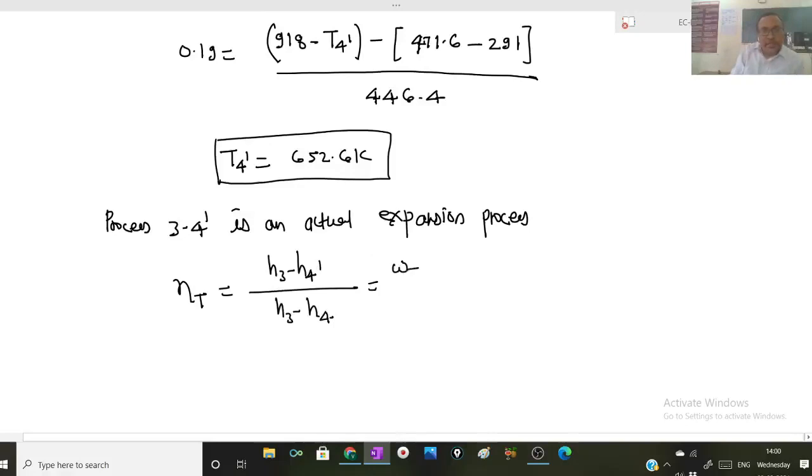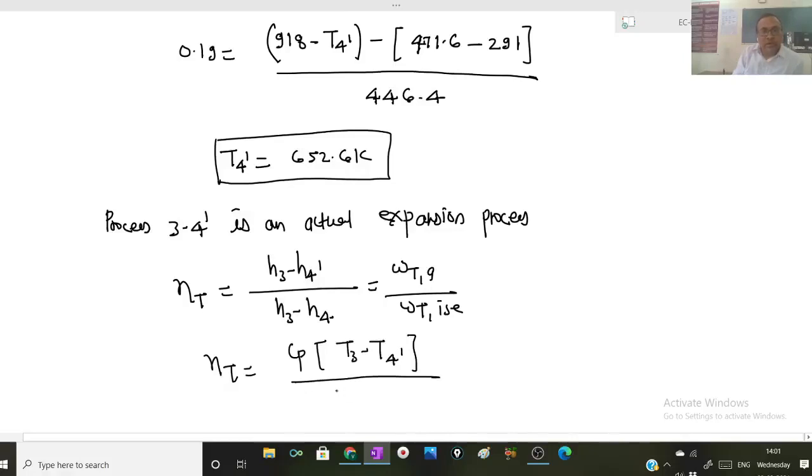This is actual turbine work to the isentropic turbine work. So this can be calculated as Cp into T3 minus T4 dash over Cp into T3 minus T4.